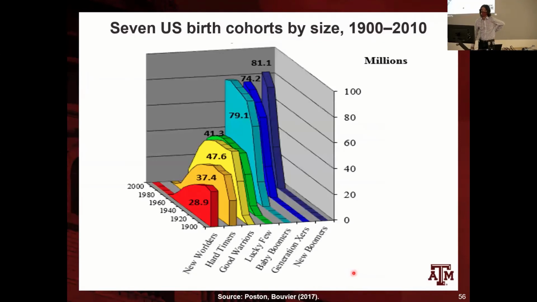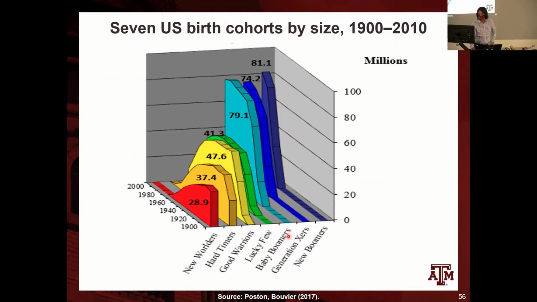And here it's a graph that is available in the textbook, just to show the number of people from each one of the cohorts per year in millions. And then you see that from Good Warriors to the lucky few, there was not such a huge increase in the size of the population.